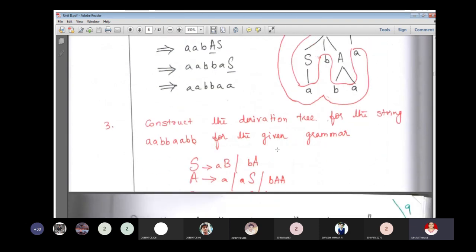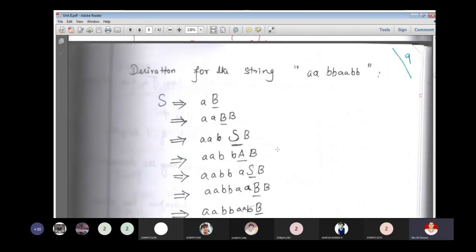Okay, this is another example. Construct the derivation tree for the string aabbabb for the given grammar. Always you have to start with S. So S has the production aB. So you can replace S by aB. Again, this B has to be replaced by any of its bodies. So this B can be replaced with aBB. Then again you have to choose any one of the non-terminals and replace it by its body.